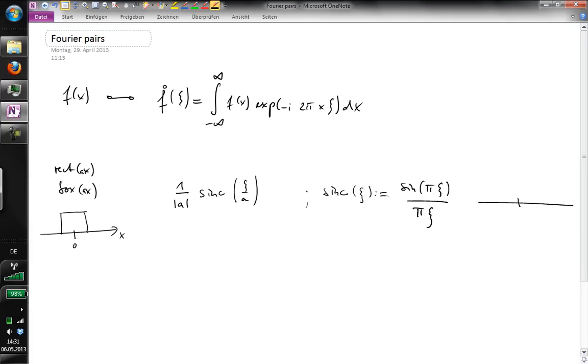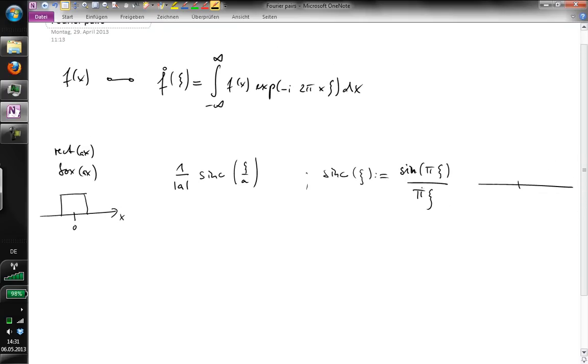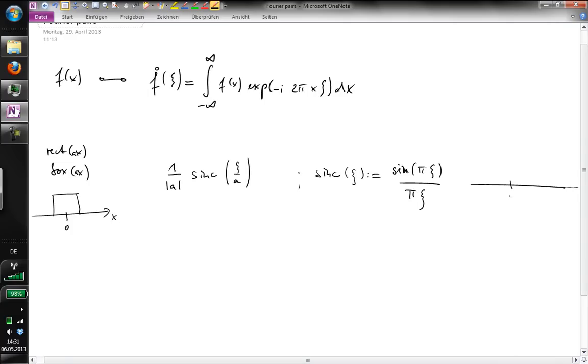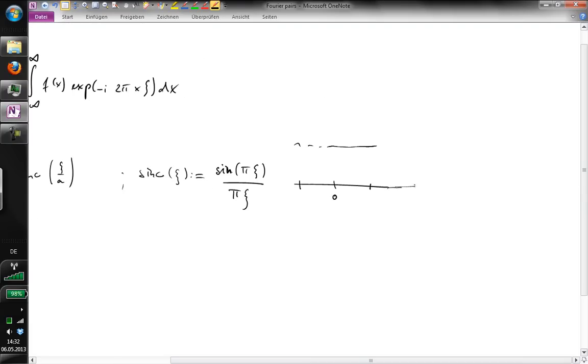This is the function that you've surely seen before. The function is 1 at the origin, and then has 0 crossings at all other integers.